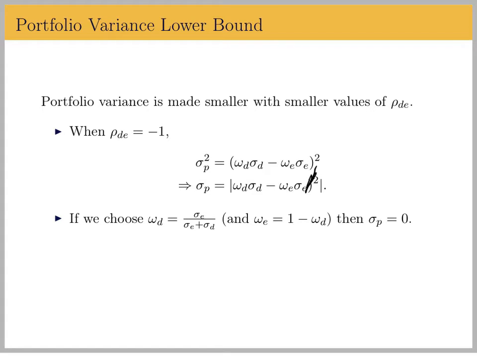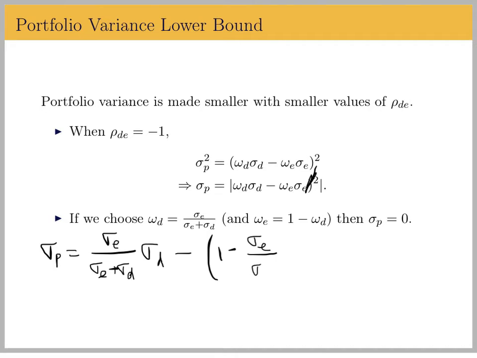So in this case, we will say sigma p is equal to omega D, which I'm saying is sigma E all over sigma E plus sigma D, times sigma D, minus omega E, which is going to be 1 minus sigma E all over sigma E plus sigma D, times sigma E. Then we just start performing algebra.